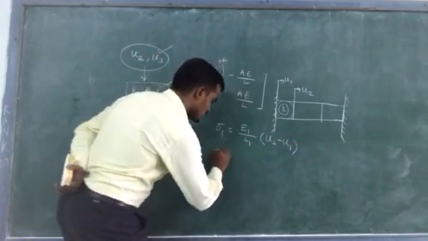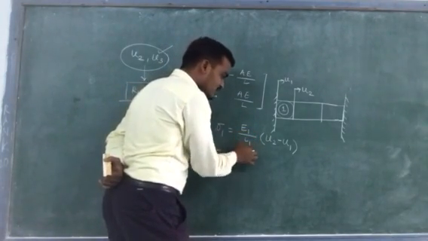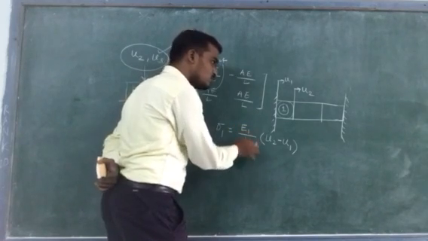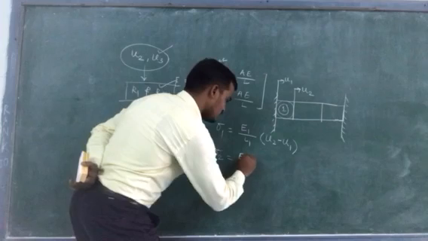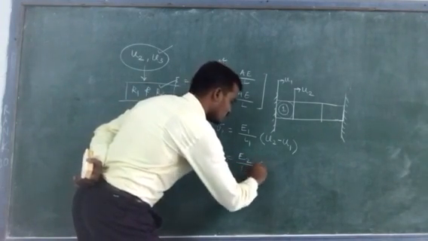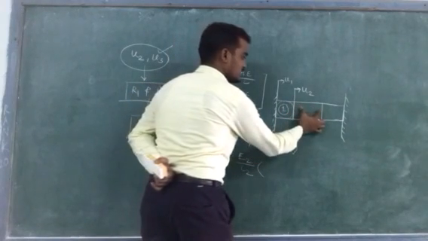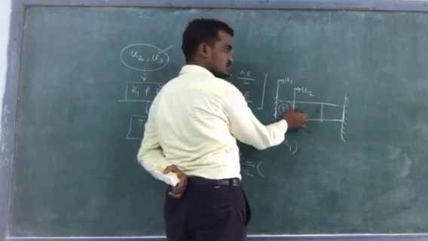Similarly, sigma 2 can be written as, instead of E1 by L1, you need to write E2 by L2, because here we are determining the stresses in element 2, so it will become E2 by L2 into the displacement difference between the two displacements, U3 minus U2.